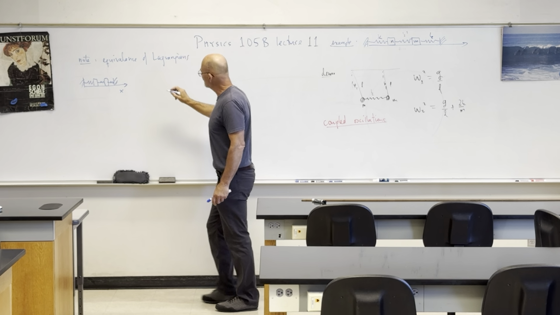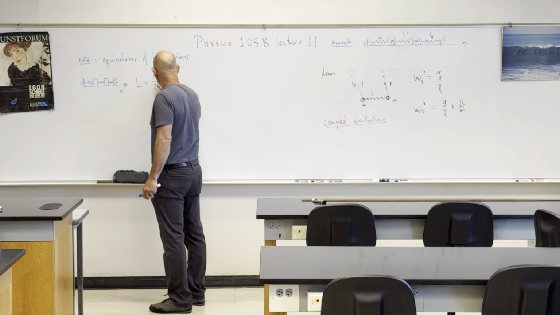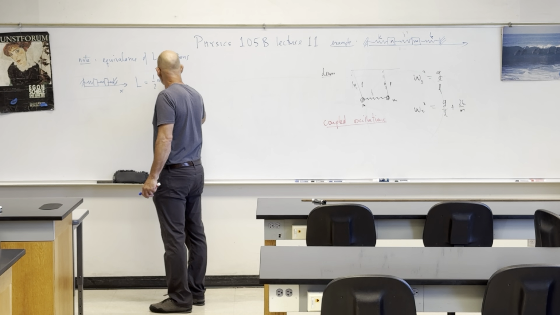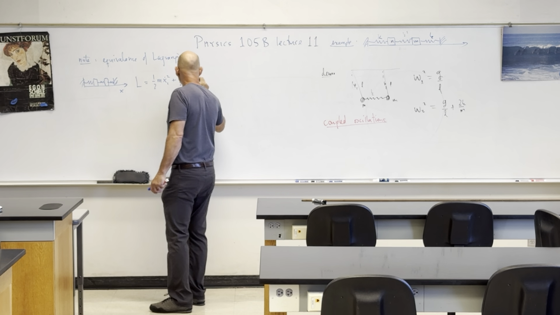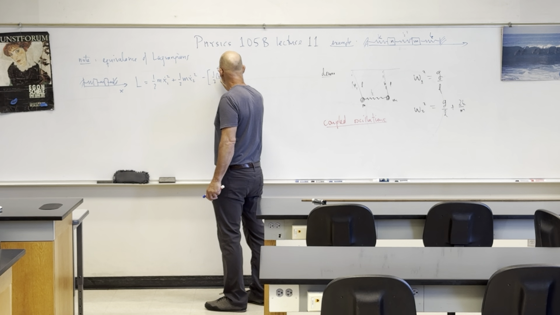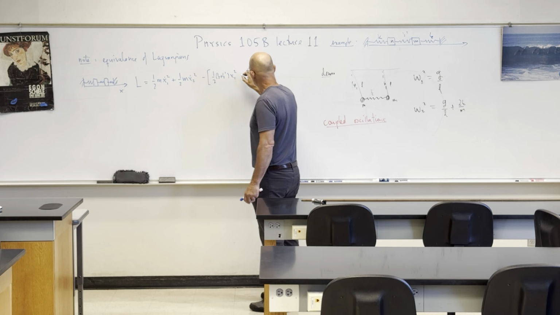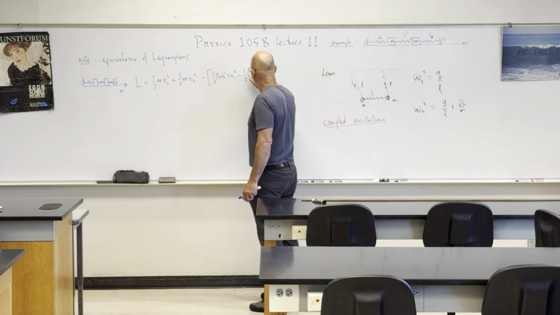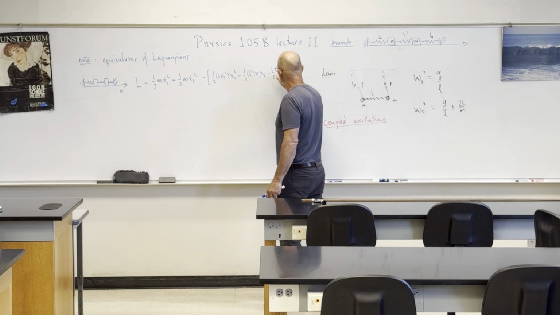So the Lagrangian for this one had this form, L = 1/2 M x1 dot squared + 1/2 M x2 dot squared minus, and I'll bracket there, 1/2 (k + k prime) x1 squared, minus 1/2 k prime x1 x2.